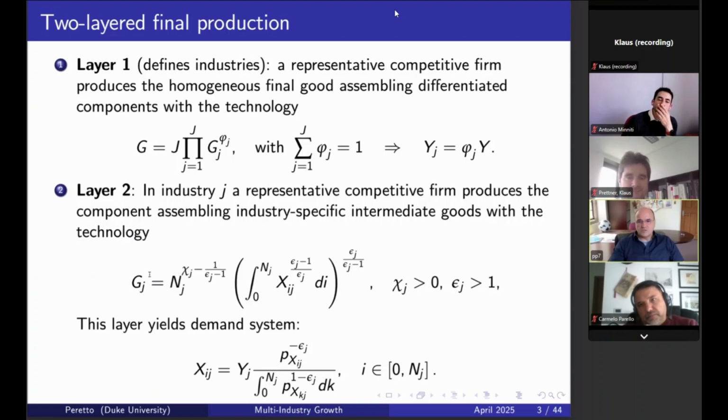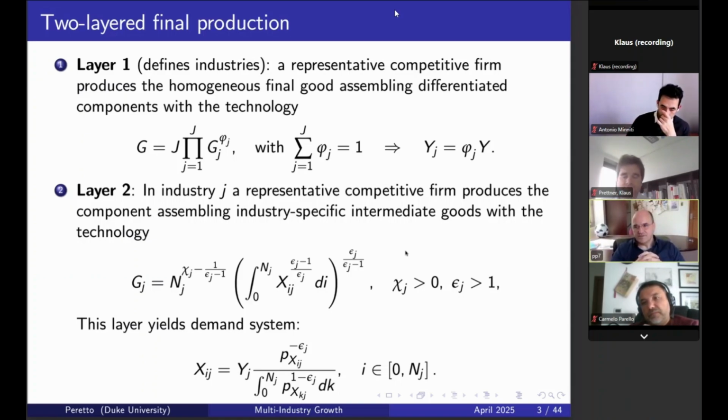And they do it with the CES production function that I use in the baseline model. The interesting thing here is that every equation that I showed you before with a parameter, now every single parameter, with a couple of exceptions, gets a subscript J. Okay? All of the parameters are industry specific.